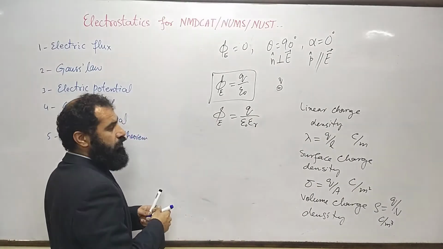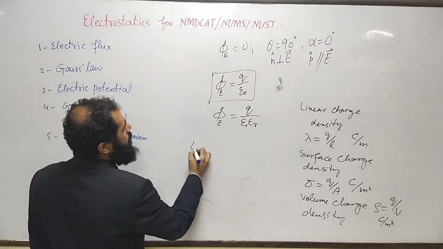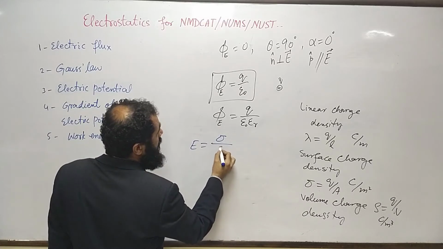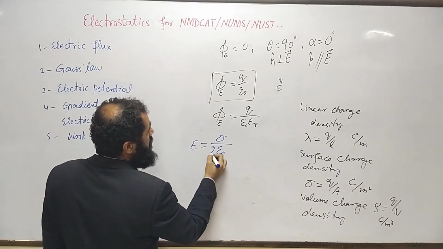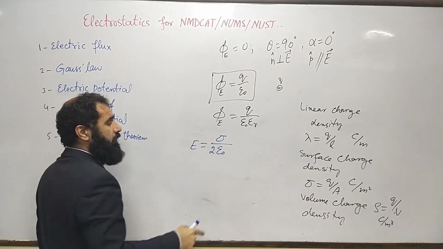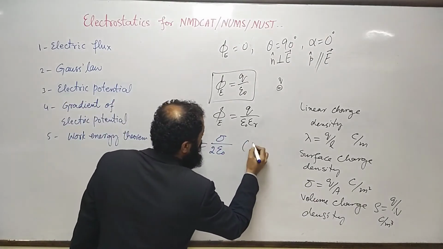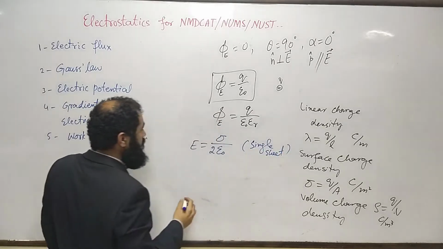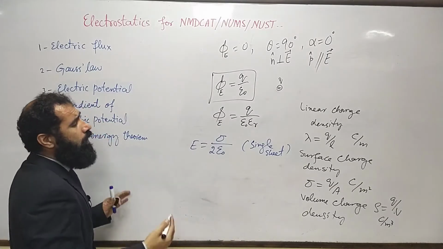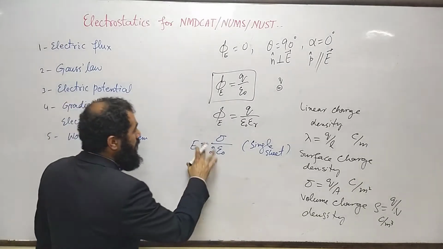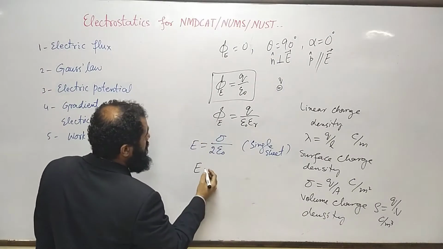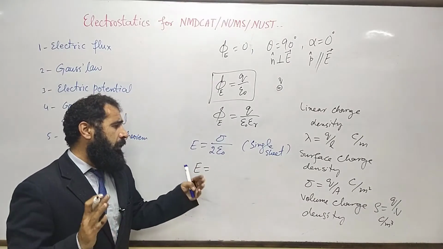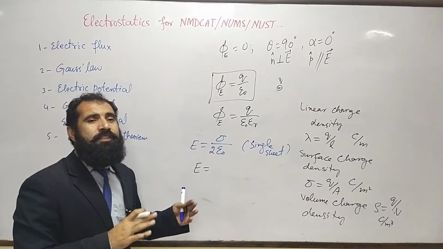Then for sheet of charges, Gauss law gives that electric field intensity is sigma divided by epsilon naught, and it is half sigma by epsilon naught for a single sheet of charges. And if we have two oppositely charged sheets, then we would simply multiply it by 2, because two oppositely charged plates support the fields of each other.